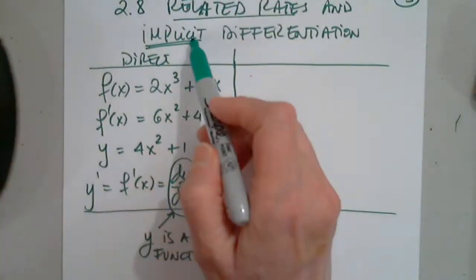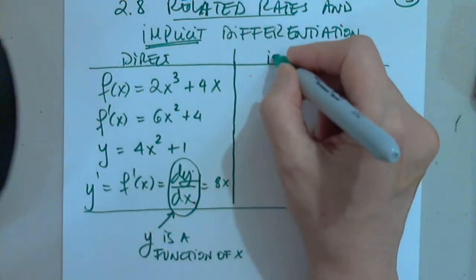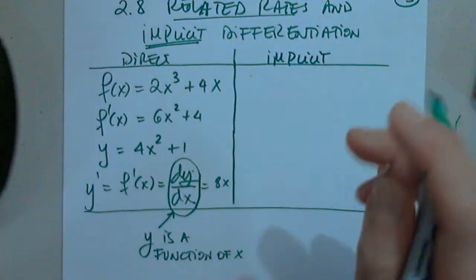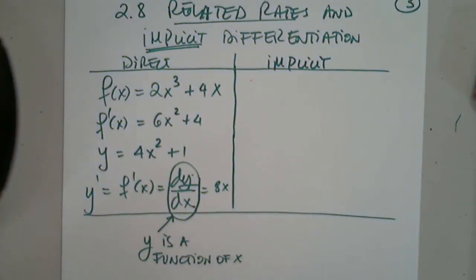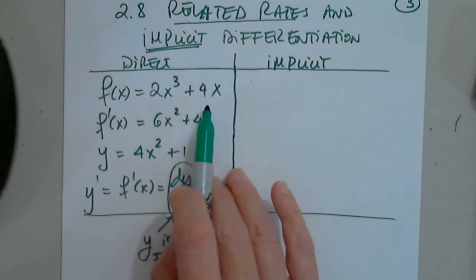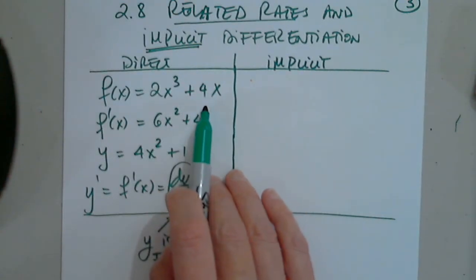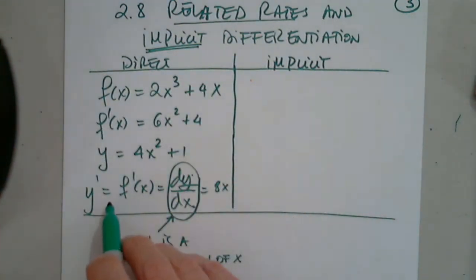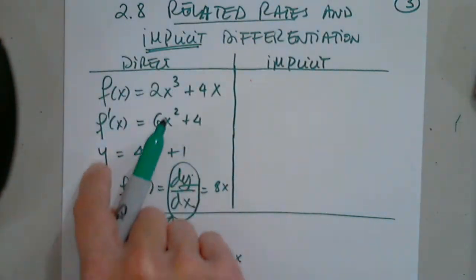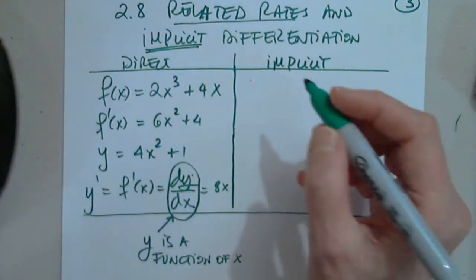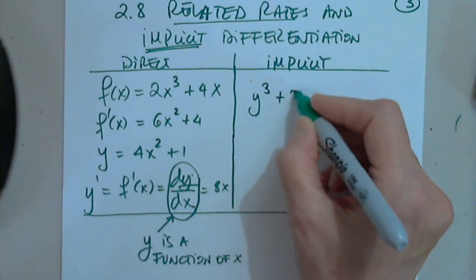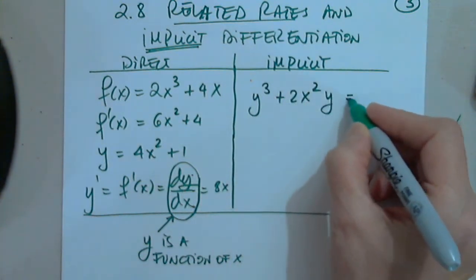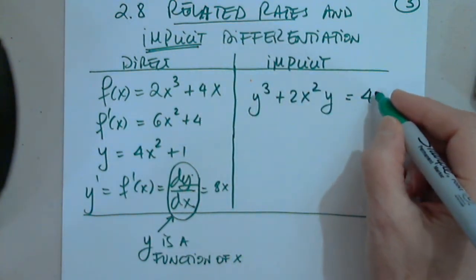What is implicit? Implicit means that I do not have the function. I'm given an equation that has y. Y or f of x mean the same thing. So, for example, y to the third plus 2x squared y equals 4x cubed.